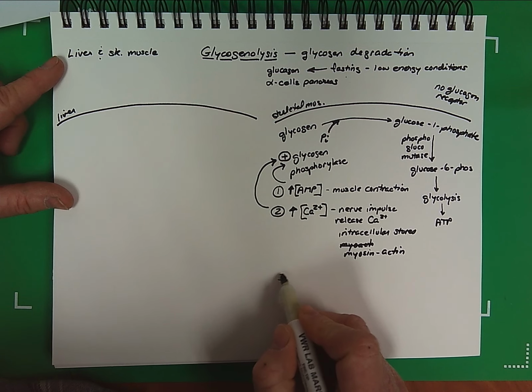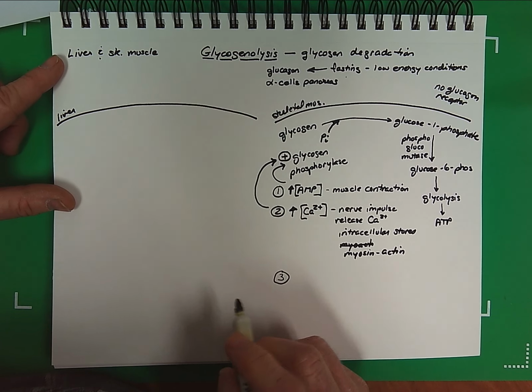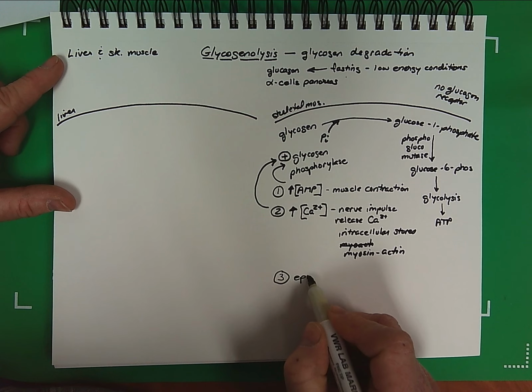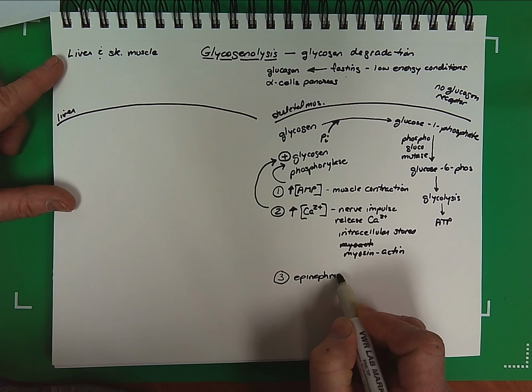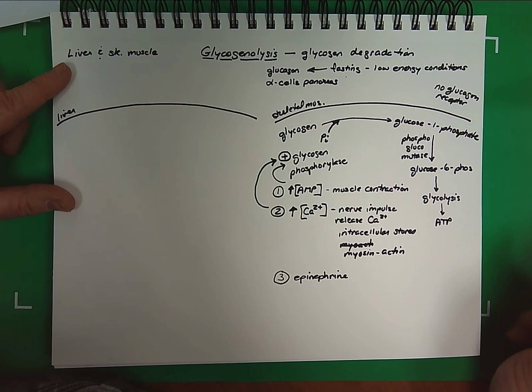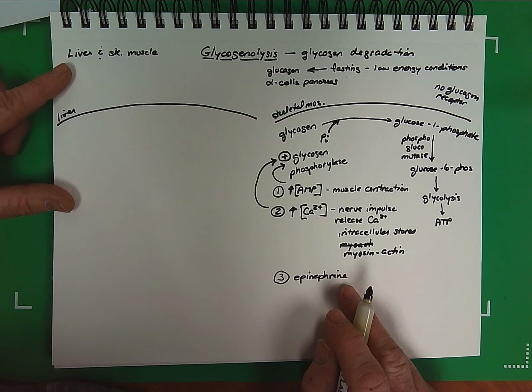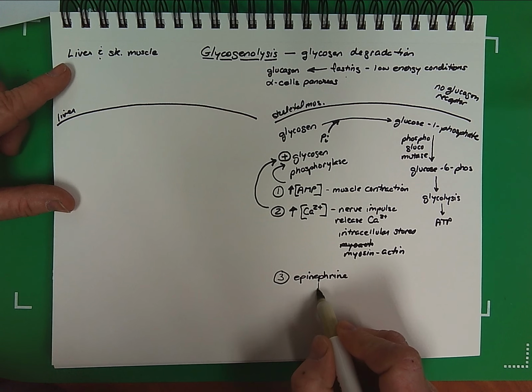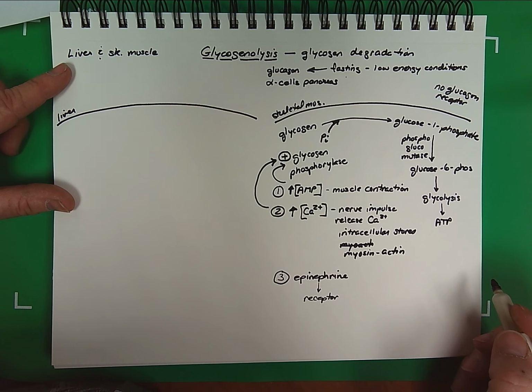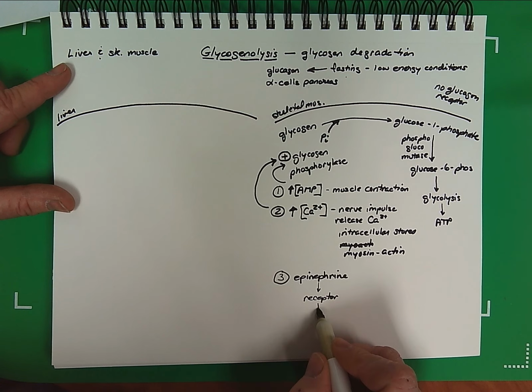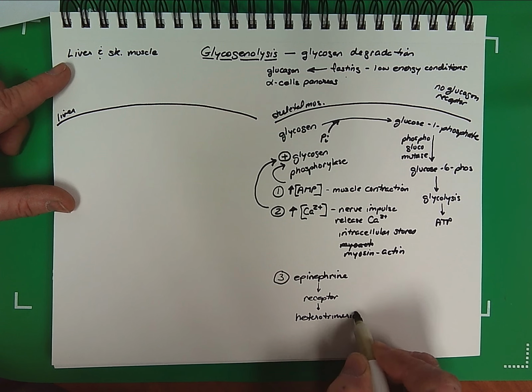Now, the third method is another endocrine method. And this is by the small hormone called epinephrine. Old term for this is adrenaline. What epinephrine is going to do is bind to its receptor, and much like the glucagon receptor, it is going to activate the heterotrimeric G protein.